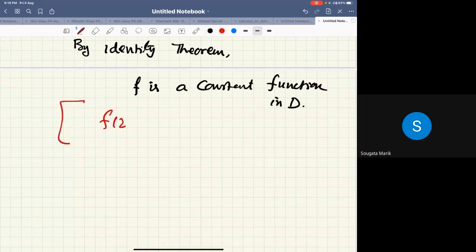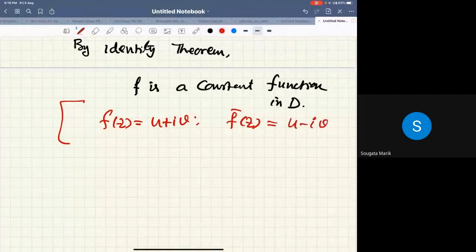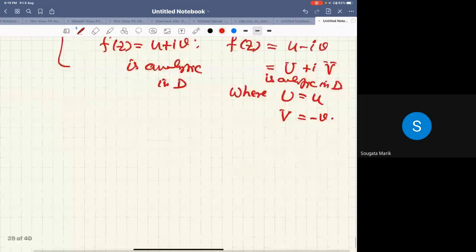So you take f of z equals u plus iv, and f bar of z is nothing but u minus iv. So this you call as capital U plus i into capital V, where capital U is nothing but small u and capital V is nothing but minus v. Now apply CR equations. By CR, since f is analytic, this is analytic in D, and this is analytic in D. So it satisfies CR equations.